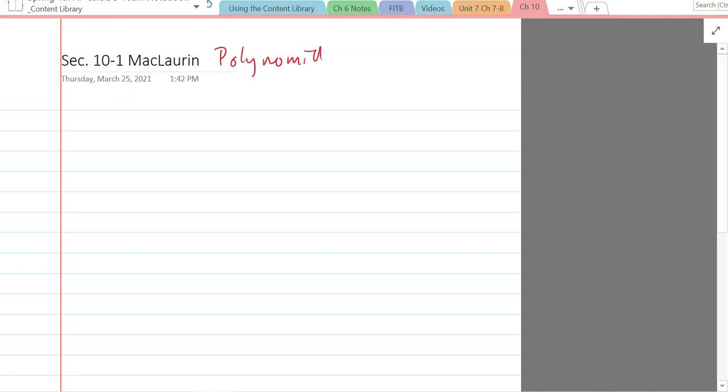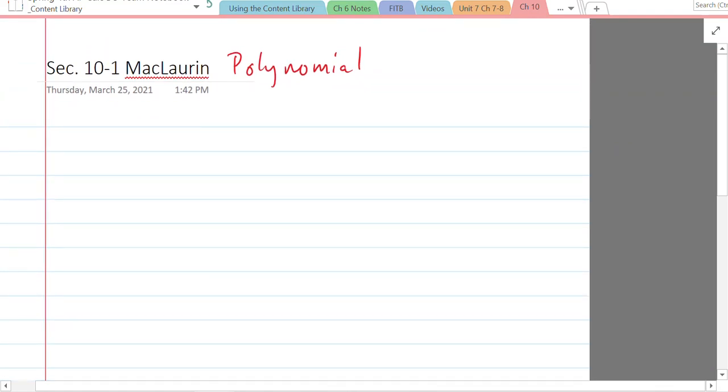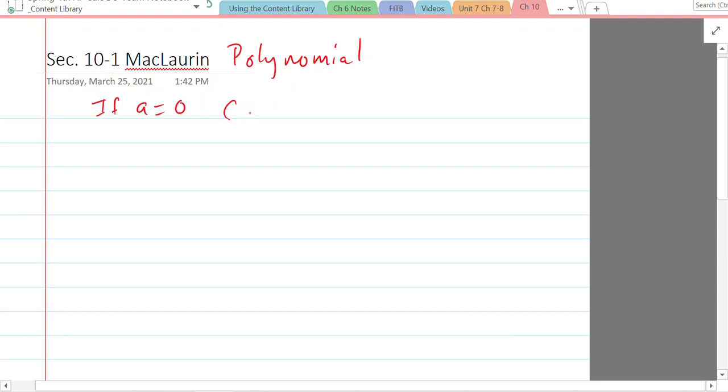It's very similar to the Taylor, but it's a special case of the Taylor. In the Maclaurin polynomial, it's the same as the Taylor, but it's the special case when a is equal to 0, meaning you are centering your approximation at x equal to 0.